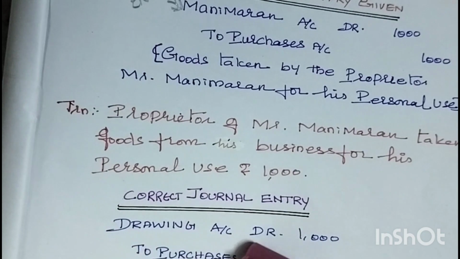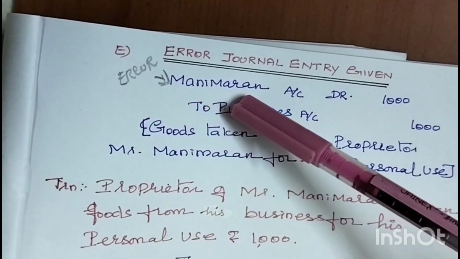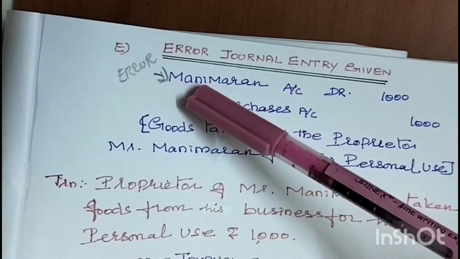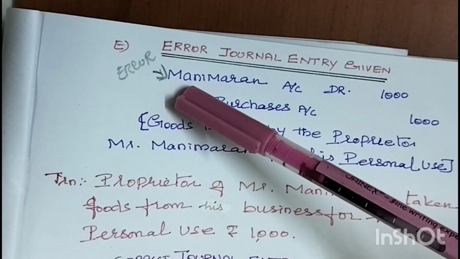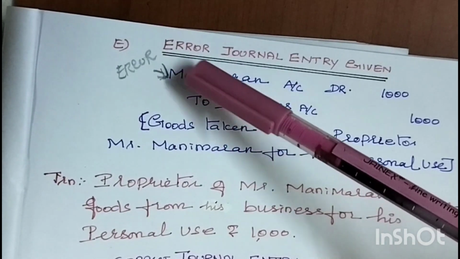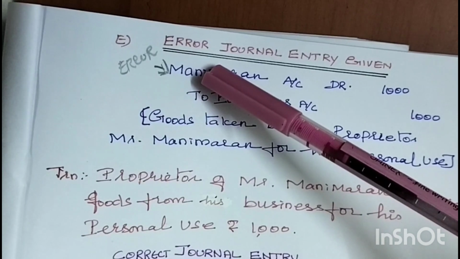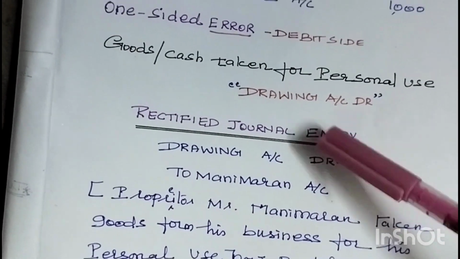So drawing account debtor is the correct journal entry. Manimaran account, this is the error. We found the error on the debtor side. Okay, we found the error now. Okay, how do we rectify it? The rectification of the journal entry is drawing.